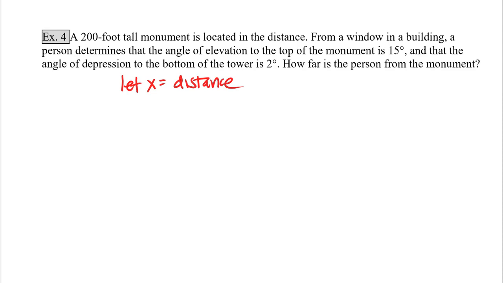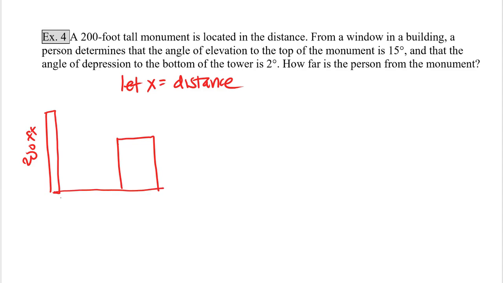And I'm just going to draw this monument that we know is 200 feet tall. And we have this building that is some distance away from the monument. We have a person looking in a window who's looking up to the top of the monument.